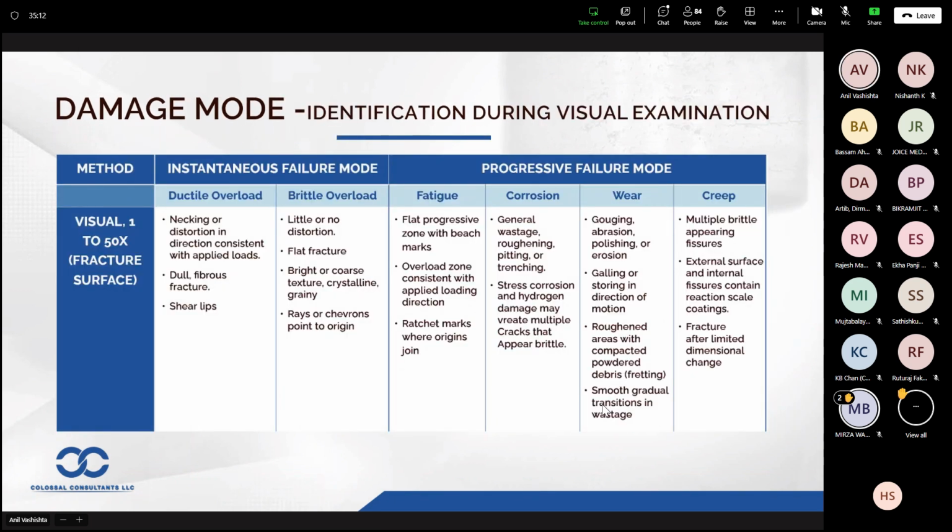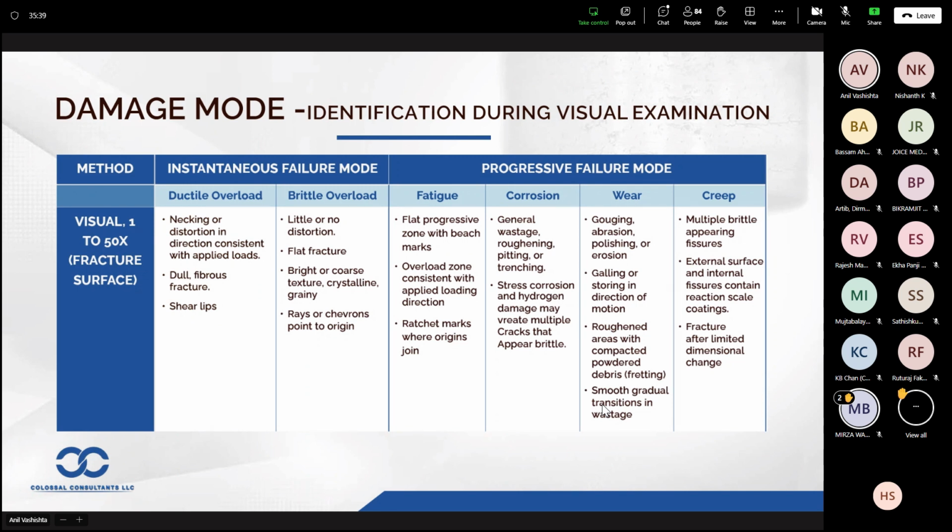In visual examination, the typical features examined up to 50x magnification are, there are two types of failure: instantaneous or progressive. Progressive happens over a period of time, and instantaneous is immediate because of ductile overload or brittle overload. The typical features you see in them are mentioned here.